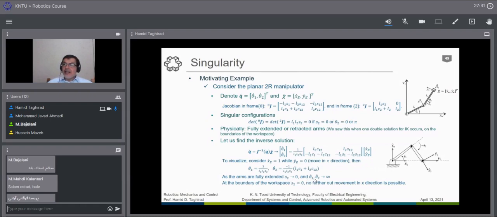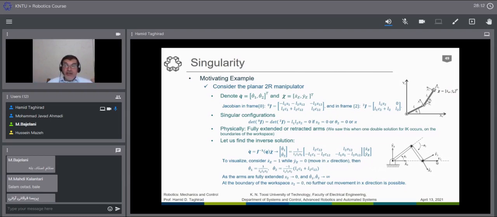This means that at the boundary of the workspace, when S2 is equal to 0, we cannot have theta dot 1 and theta dot 2 become infinity. We cannot reach that. This means that we cannot move further than the boundary of the workspace.